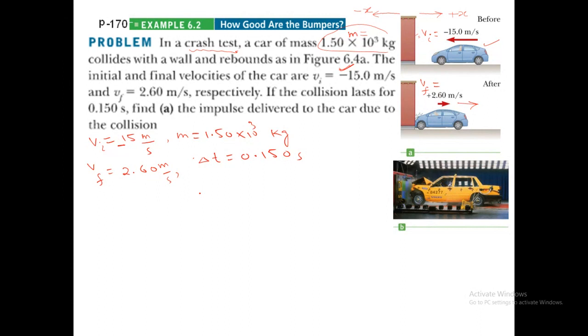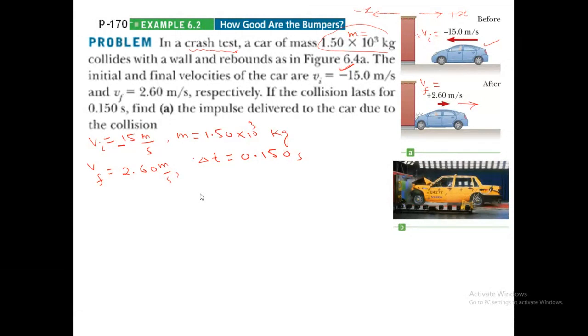Whenever you are having some collision, you are transferring energy from one object to the other. Once you are kicking a football, you are transferring energy, right? Or you are transferring momentum, right?